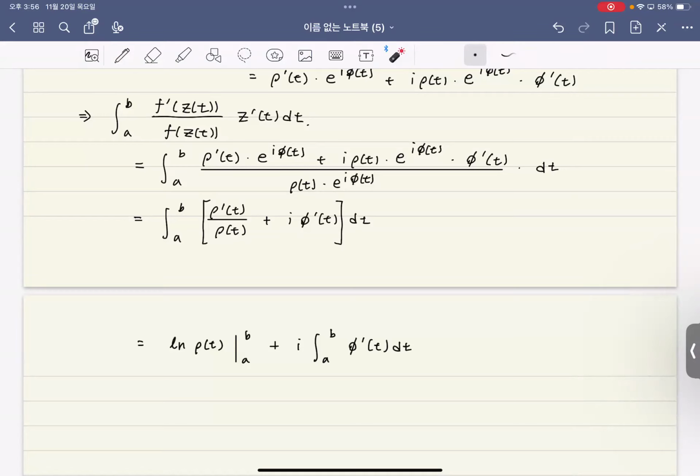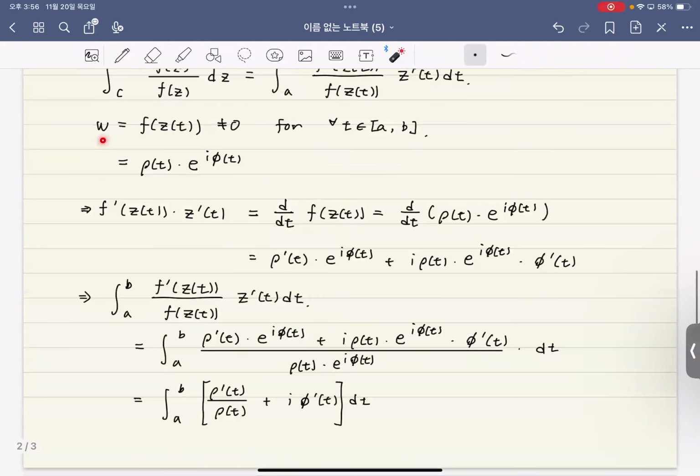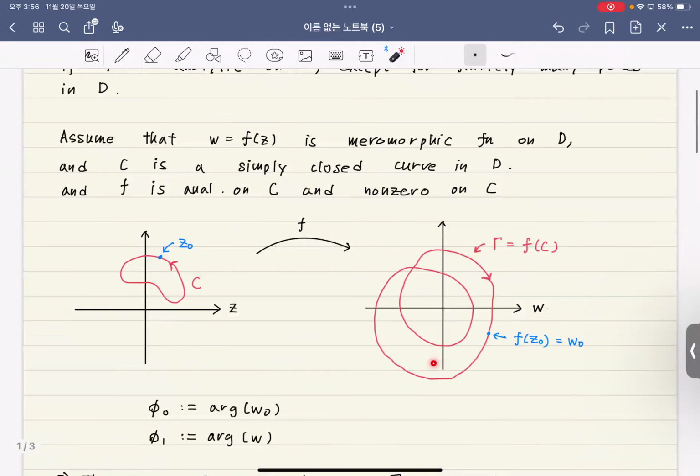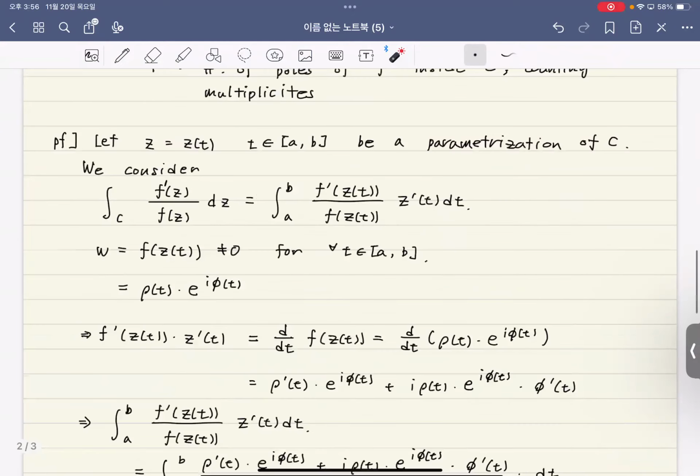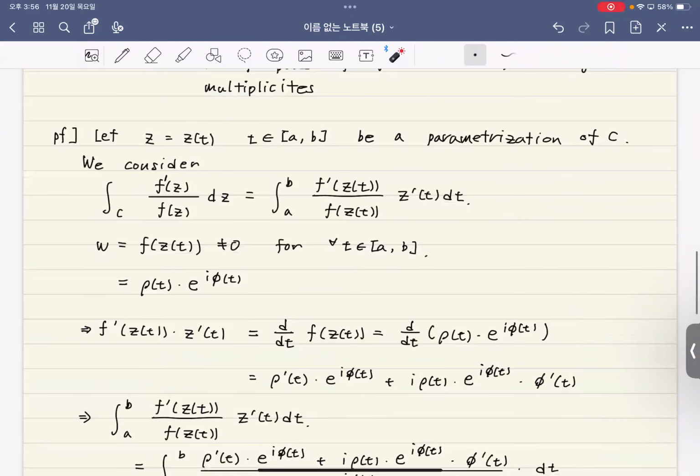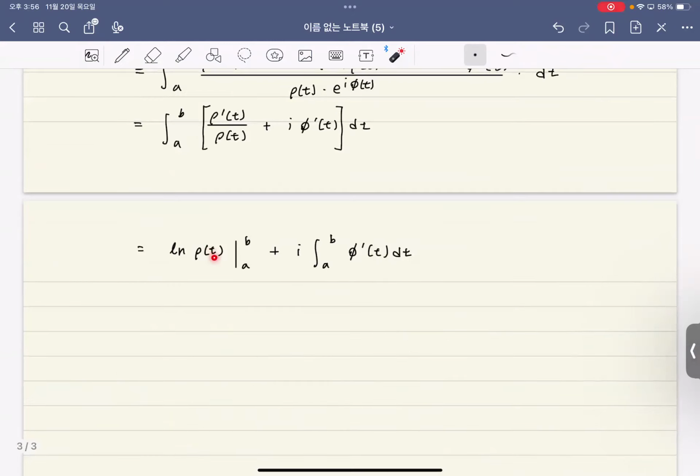And you know what? Since this is a closed curve, this image curve, which is gamma, is also closed. Therefore, the rho of a must be the same as the rho of b. So we can safely say that this guy goes to 0 as we evaluate from these two points and take a subtraction. So what really matters is this guy.